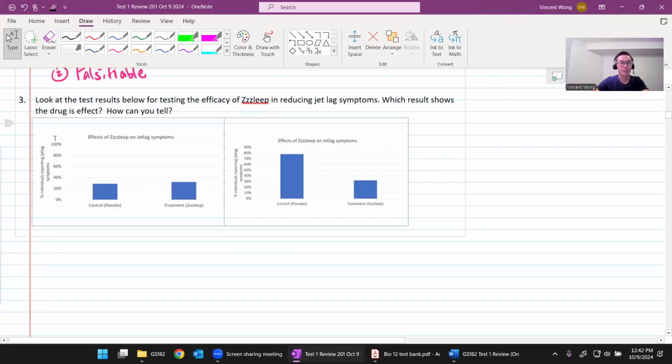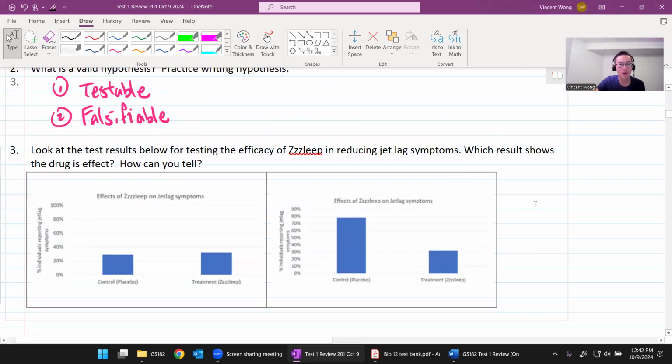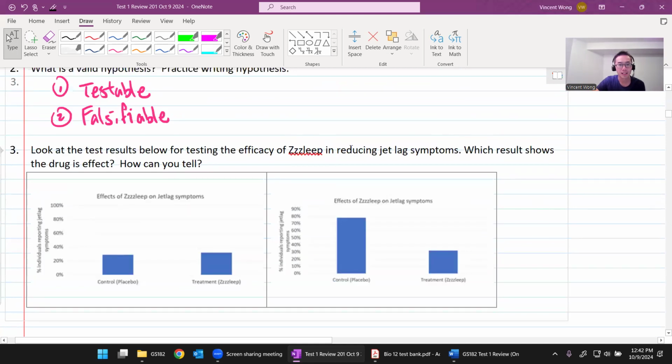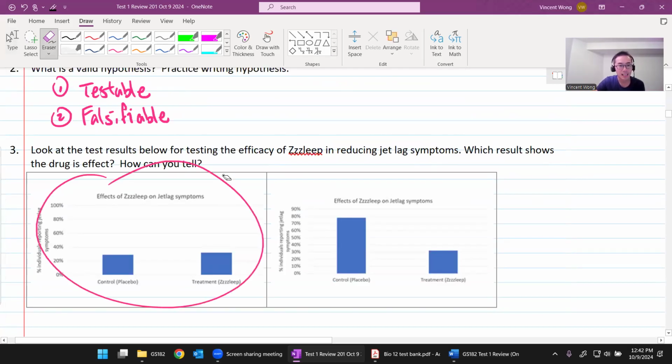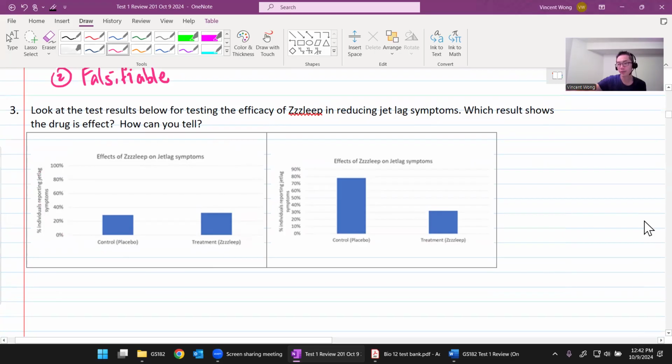Maybe that's good news. All right, look at the test results below for testing the efficacy of the sleeping pill in reducing jet lag. Let's take a look at this one here. Is that effective or is that ineffective? What do you think? This is ineffective, that's correct.